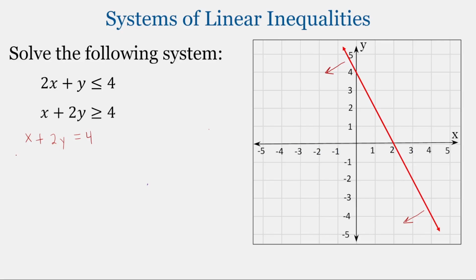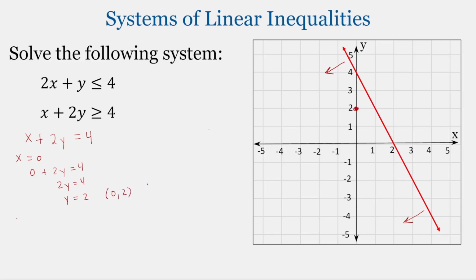So for our y-intercept, our x value is 0. So we have 0 plus 2y equal to 4. This gives us 2y equal to 4 and y equal to 2. So our y-intercept is the ordered pair 0, 2.